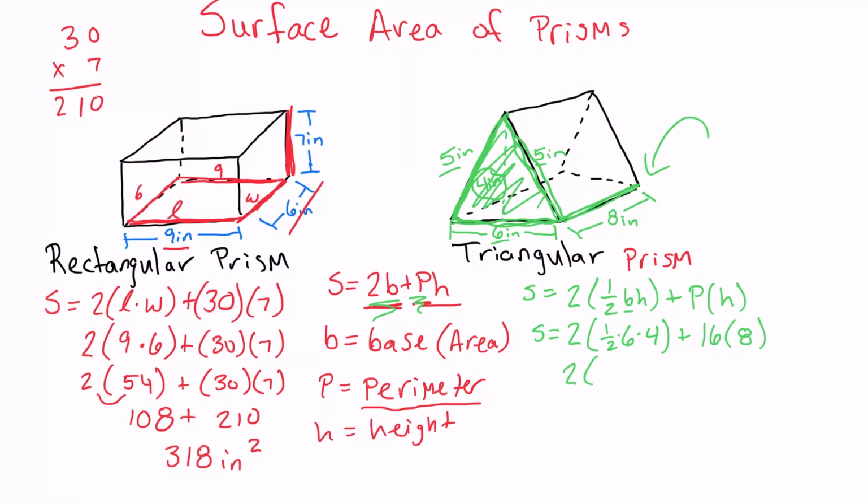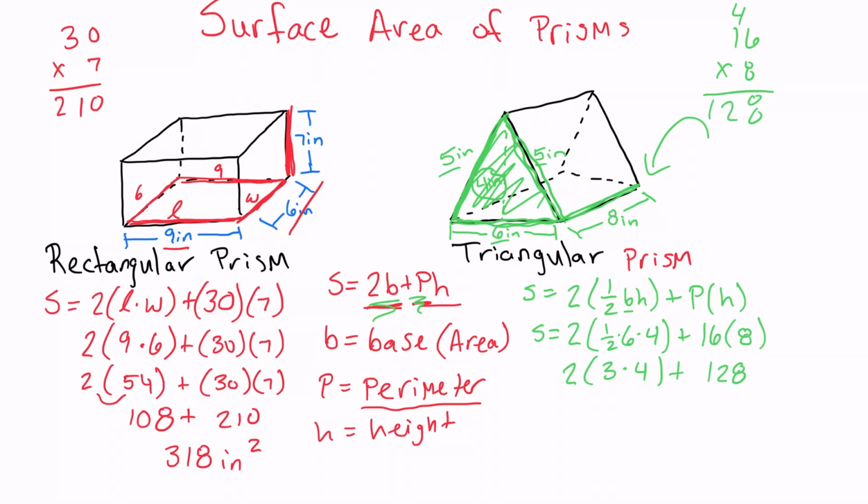2 times 1/2 times 6 is 3 times 4, plus 16 times 8. We can do that right here. 16 times 8. 8 times 6 gives us 48. 8 times 1 is 8, plus 4 is 12. So we end up with 128 on this side.